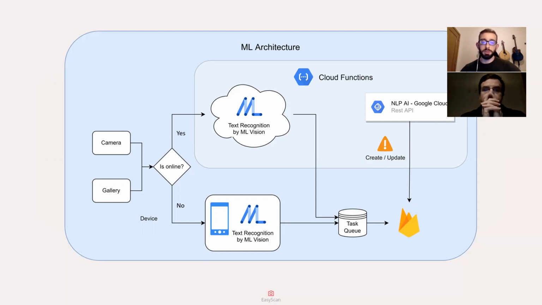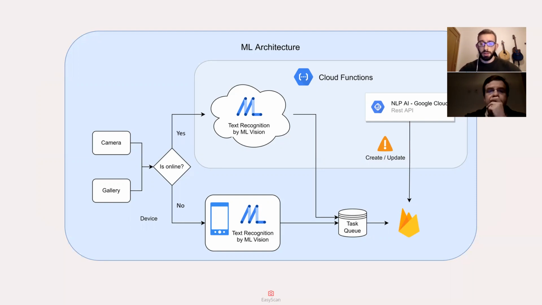As I was saying before, we are in the online context, so the data is automatically synchronized with Firebase without the user noticing, and the information is saved. Now the image, the text, and direct analytics from the text, like word counts, lines, and paragraphs, are saved both online and offline.